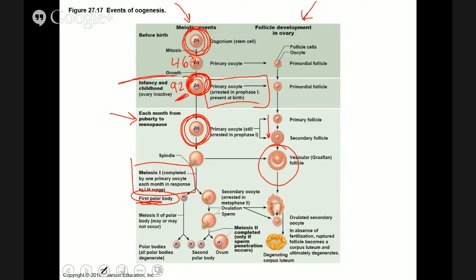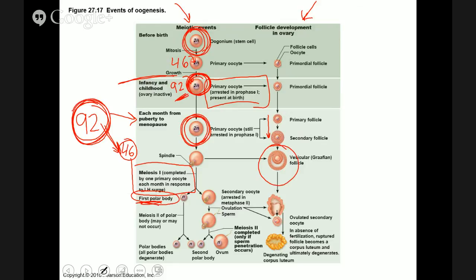Remember, we have 92 chromosomes here. So we're going to keep this nice large egg cell, but we're going to take the excess chromosomes, 46 chromosomes, and eject them. And that's called a polar body. It's just a small piece of genetic material that gets discarded.